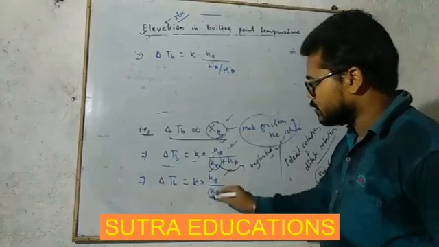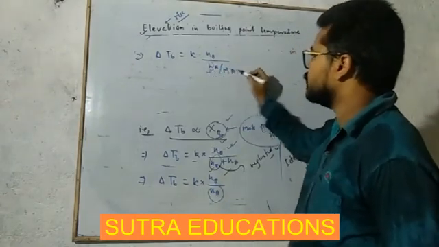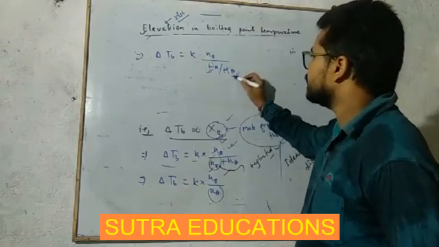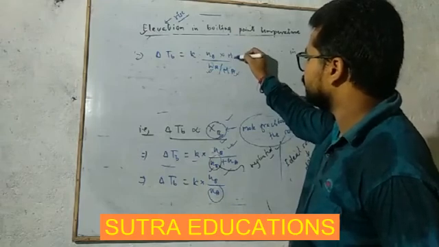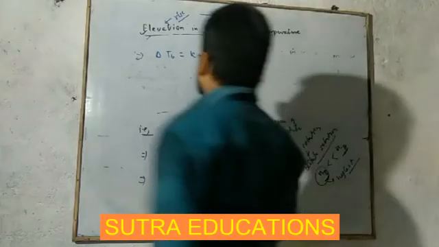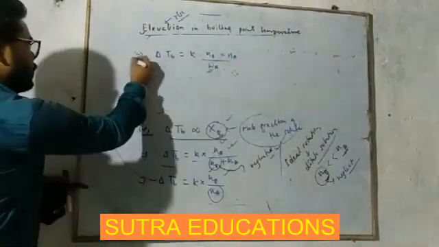Number of moles of solvent means mass of solvent upon molar mass of solvent. So this Ma will be present in the numerator, so into Ma, and we write Nb upon Wa like this.